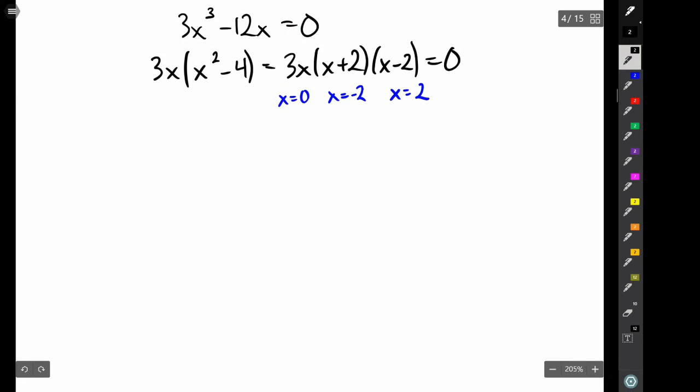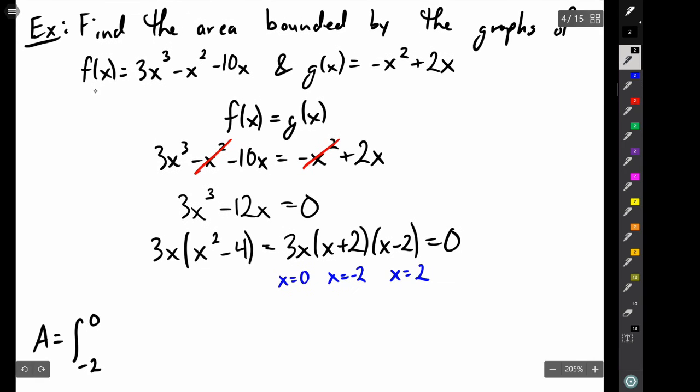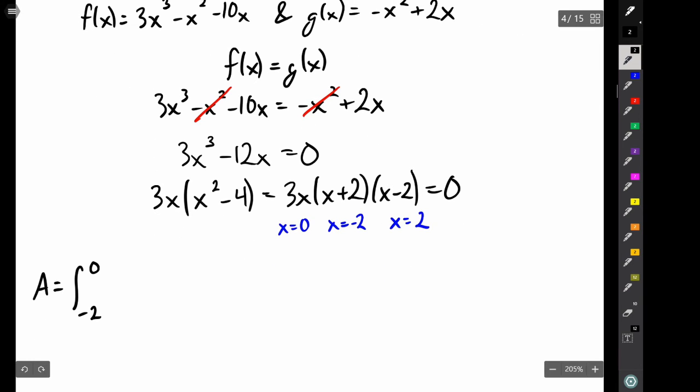Anyway, so what we get here now is the area. We have to split this into two integrals. We get the one from -2 to 0, and remember that's the one where f was on top, so that's going to be 3x cubed minus x squared minus 10x, right? And then minus (-x squared plus 2x).